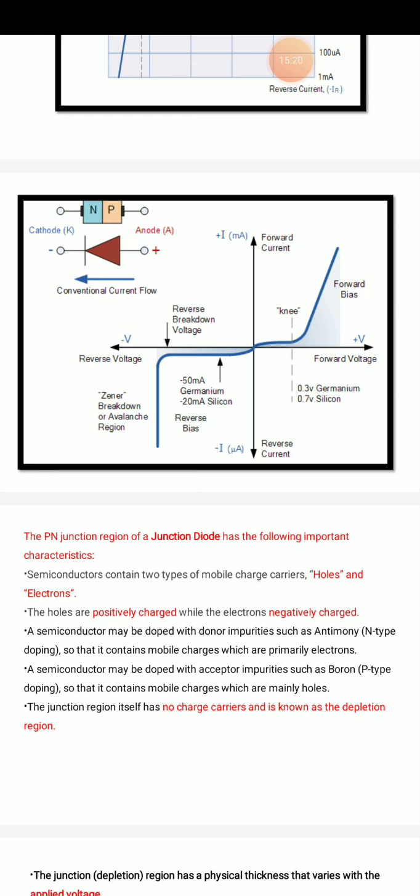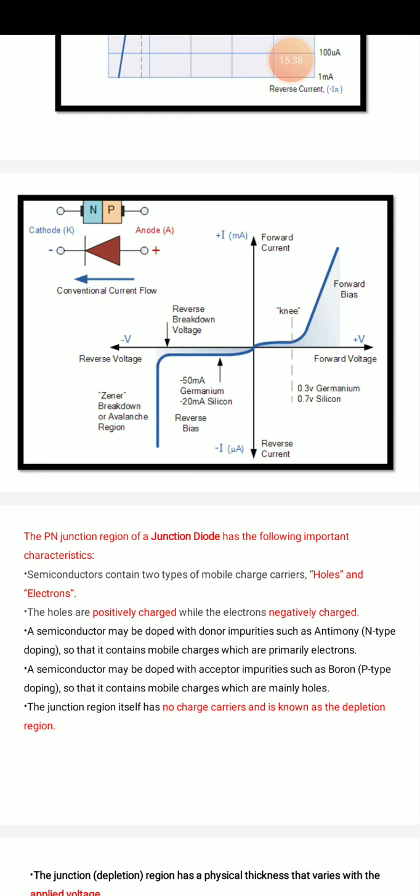You can see the reverse mode, that is the reverse breakdown, with reverse voltage and reverse current. Similarly, you can see here that after the reverse breakdown, the current comes down.